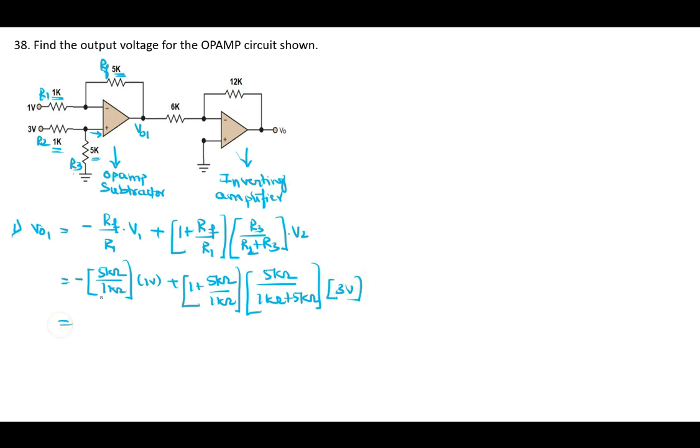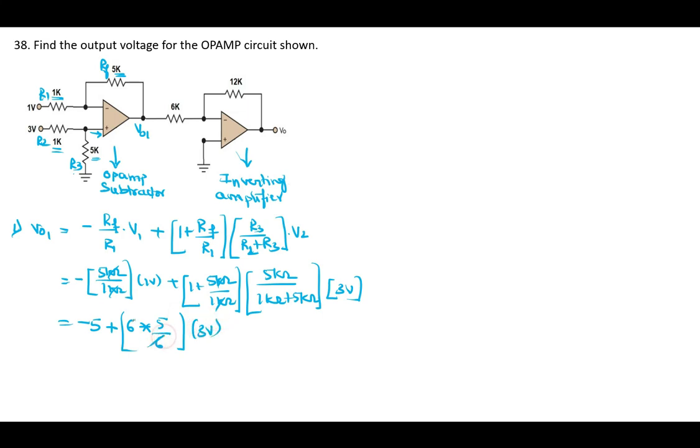Now you could notice the kilo cancels, 5 by 1 into 1 is minus 5. Now plus, what happens here? 5k by 1k is 5, 5 plus 1 is 6, no need to take LCM, into 5k by 6k, so that it becomes 5 by 6 into 3 volt.